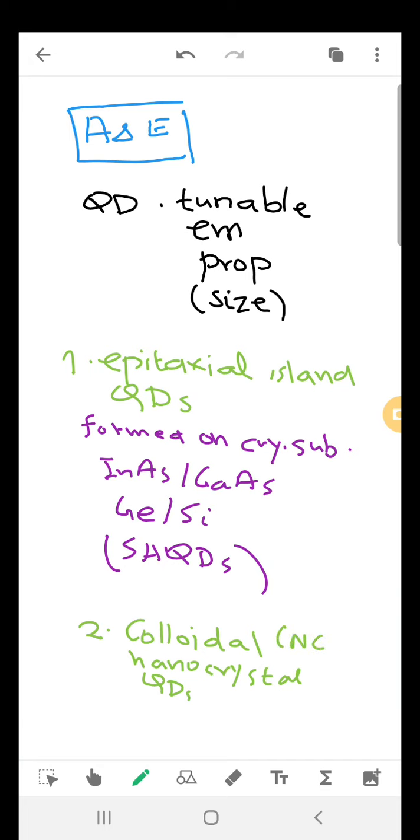Now these NCQDs have a transition energy in addition to spectral regimes and have recently been developed.